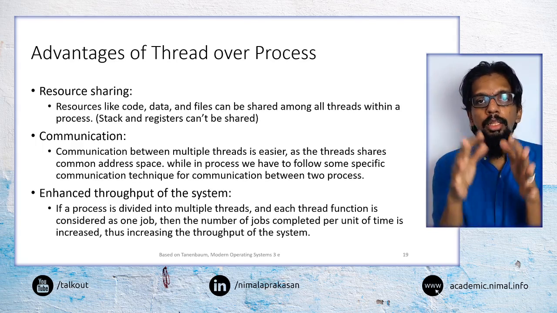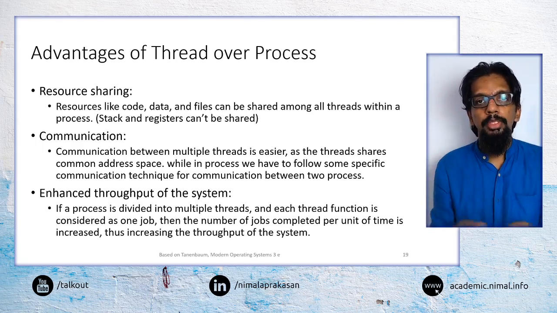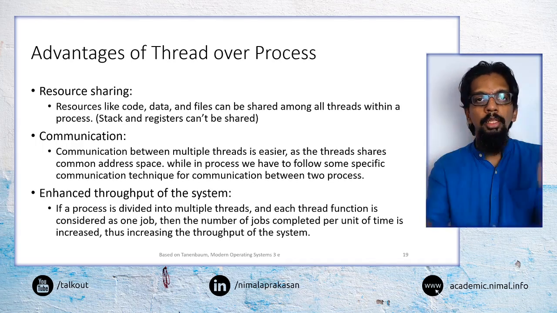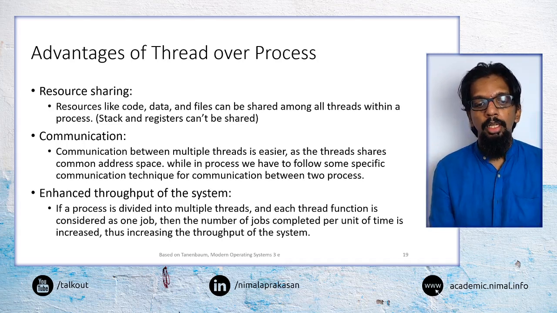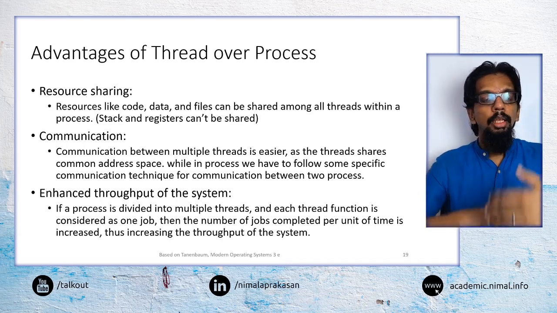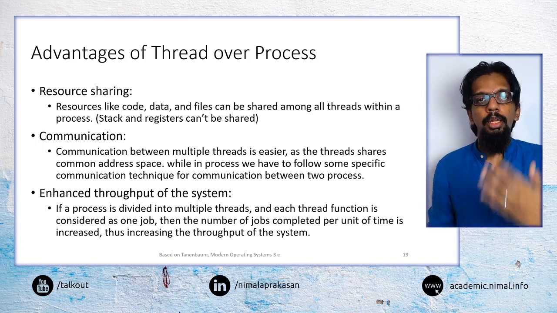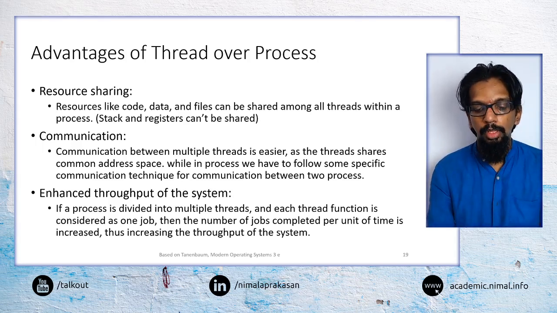They can share that and communicate among themselves and do those more effectively. And by dividing them into these multiple threads, we get more tasks completed within a period of time. So we get enhanced throughput of the system.